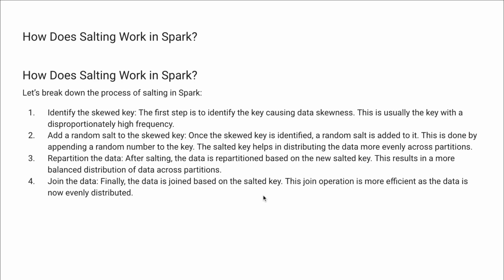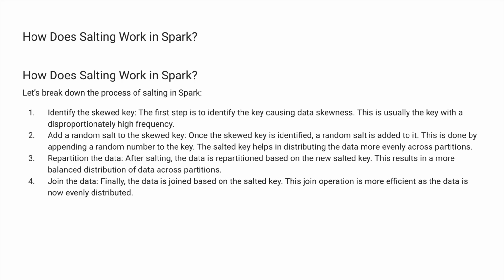This is usually the key with a disproportionately high frequency. How do we identify it? We can write a simple group by query with a count based on the key that we are using, either in joins or aggregations. That itself can give us the counts upfront. Based on that key, the distribution happens over the partitions, and we can understand if one partition has more than the other.